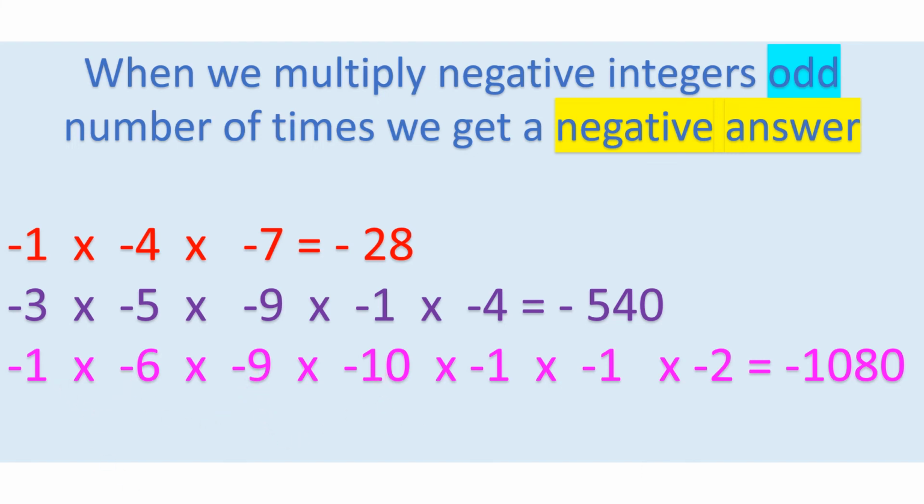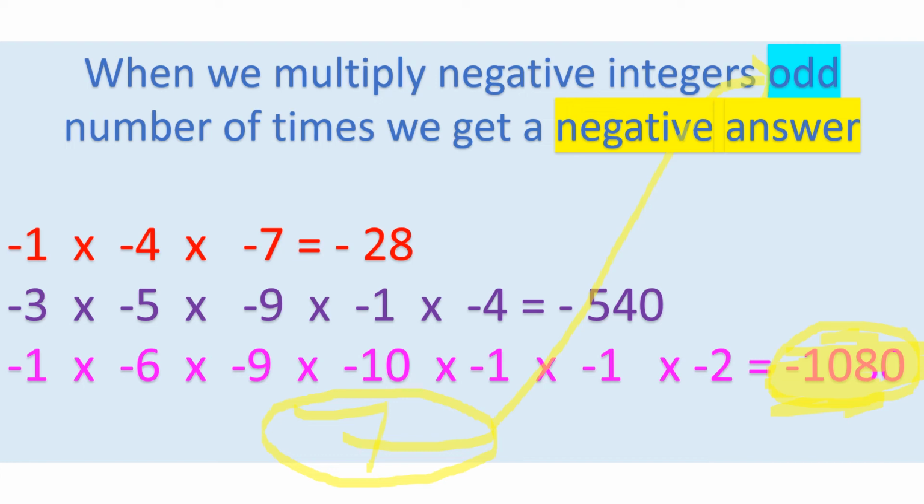So 7 numbers, and 7 is an odd number. So when we multiply an odd number of negative integers, we get a negative integer as the answer. That is what we have to keep in mind.